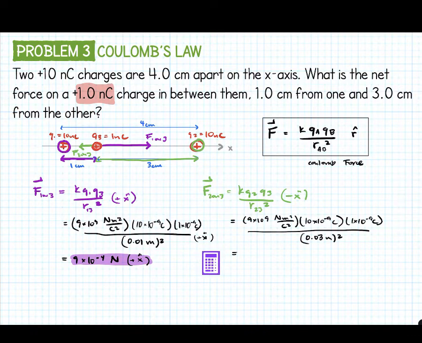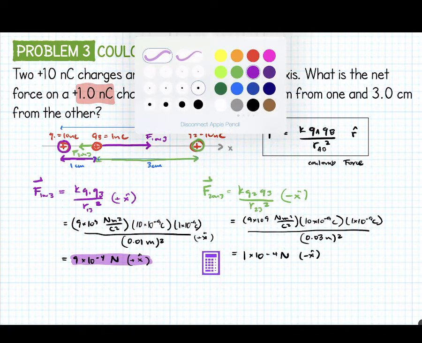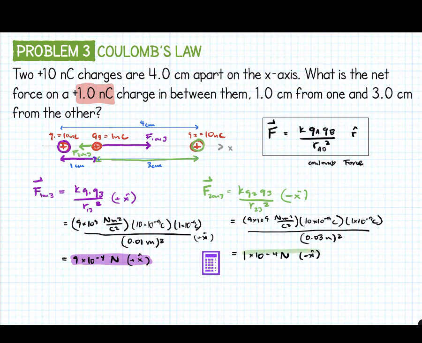That's going to give us a very different answer, 1 times 10 to the negative 4th newtons, and that's in the negative x hat direction. So we have 2 different answers because the distances have changed.